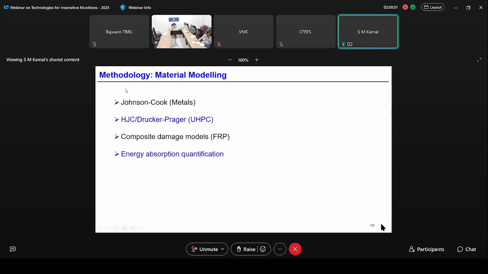And then we'll also study the material response through simulation. We can also develop some analytical or semi-analytical models for this. For metals, we are going to use the Johnson-Cook model, and then Holmquist-Johnson-Cook or Drucker-Prager will be used for UHPC, and composite damage models will be used for FRP with energy absorption quantification.